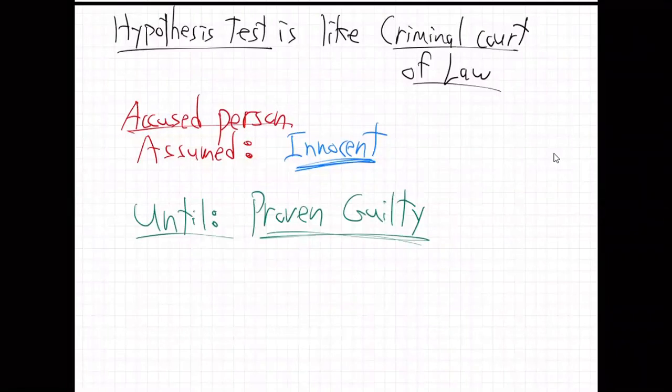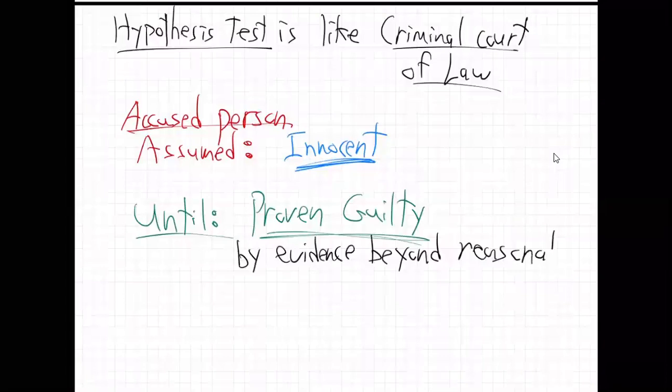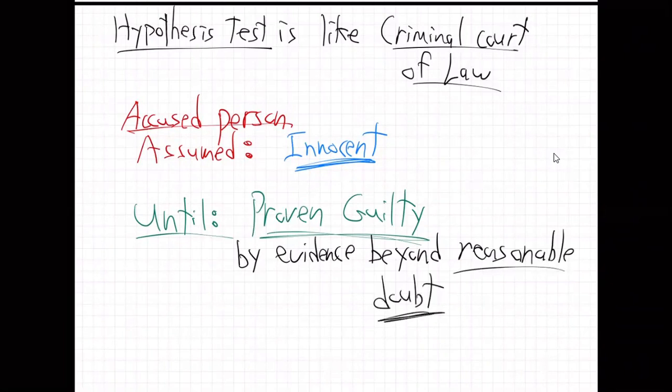That is crazy. No, you just need a reasonable doubt. Yeah, exactly. You have to be proven guilty by evidence. How much evidence? Beyond a reasonable doubt. That is huge. That's exactly what we're going to do in hypothesis tests.